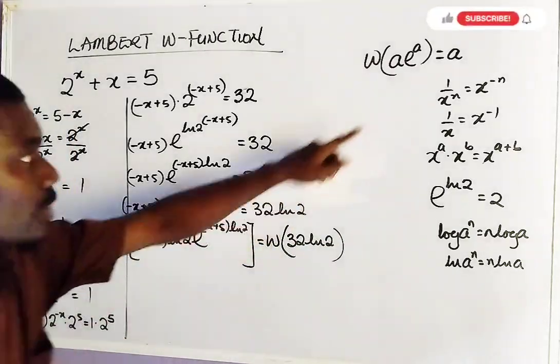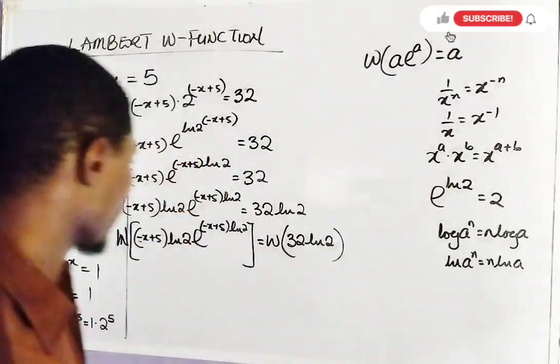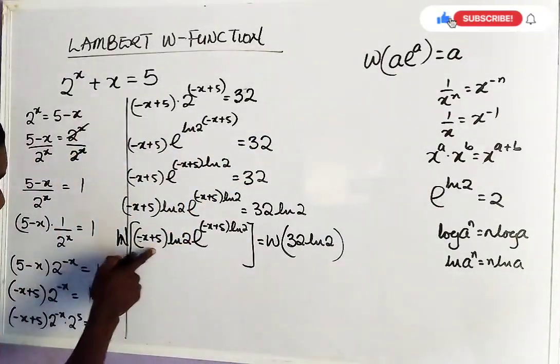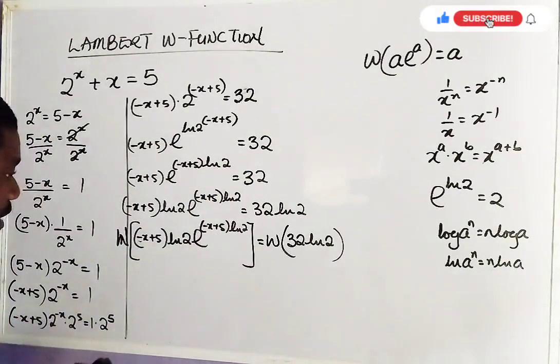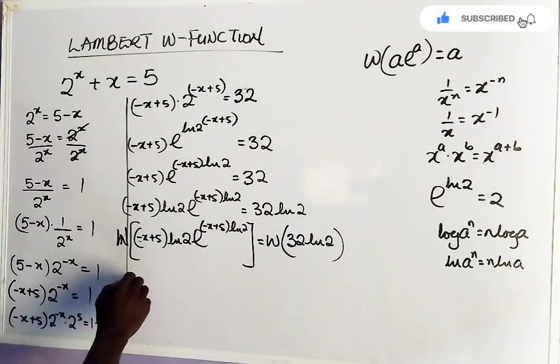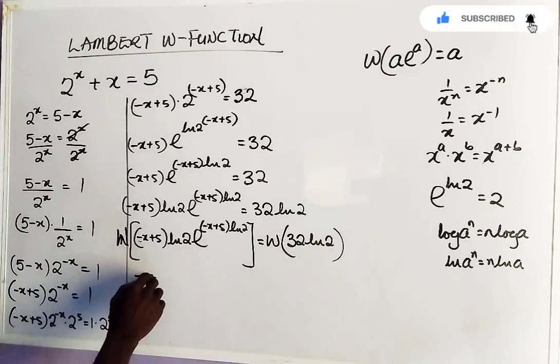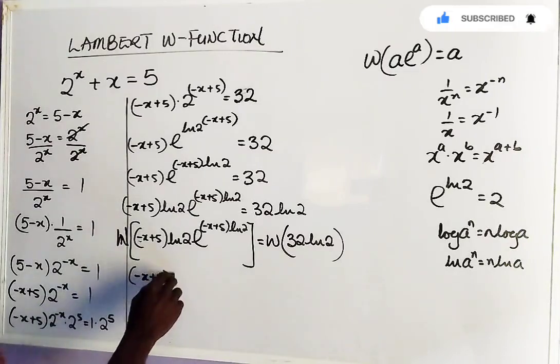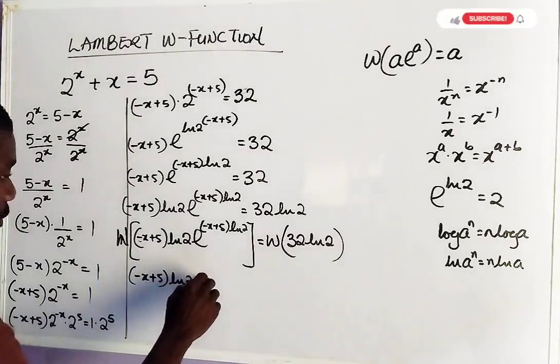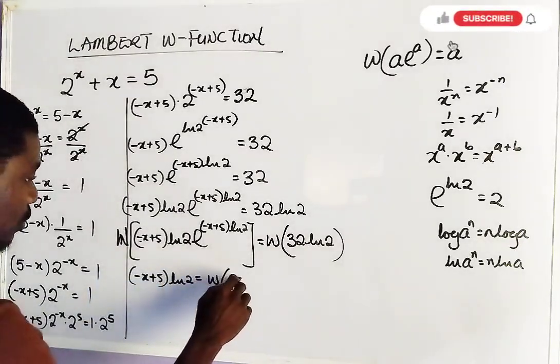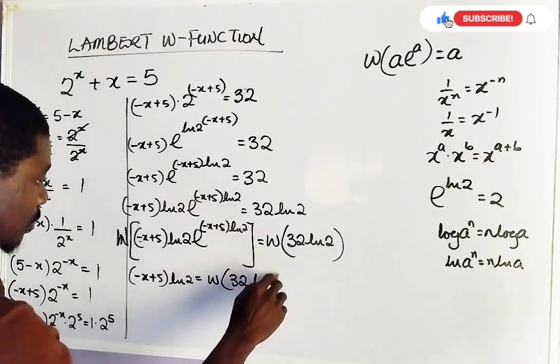Now, according to the rule, the term here and the term here are the same. So we end up having minus x plus 5 ln 2 equals W of 32 ln 2.